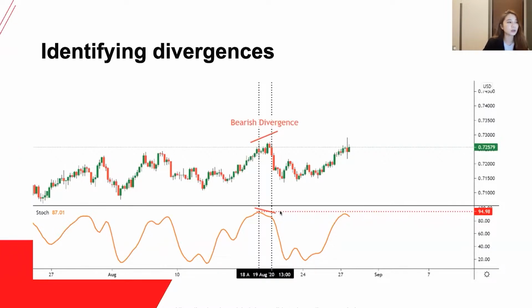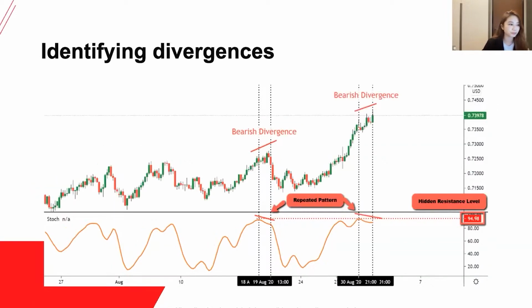Since the price did close higher than before, this is an indication of divergence, which in this case we call a bearish divergence. After the bearish divergence, price indeed went all the way down to this level. This also coincides with our hidden resistance level, which adds to the divergence theory that we are looking at.